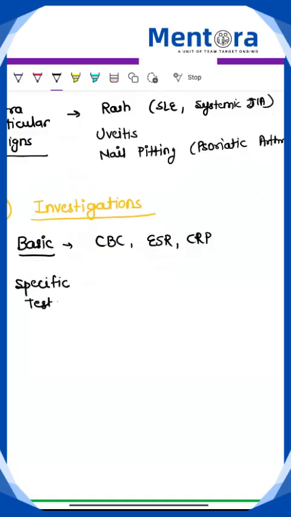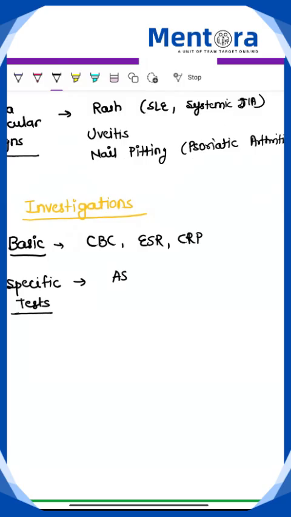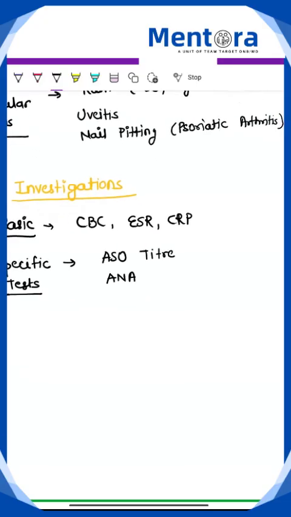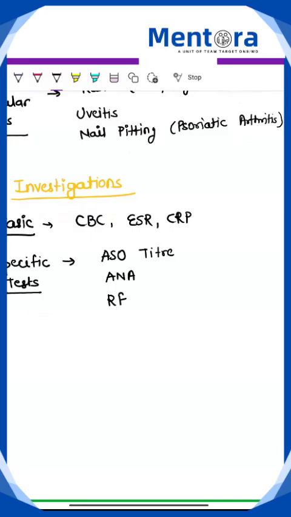Specific test: ASO titer, ANA, rheumatoid factor, and HLA-B27.